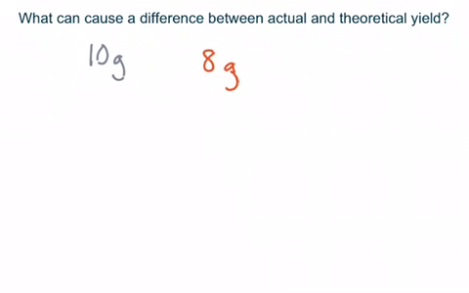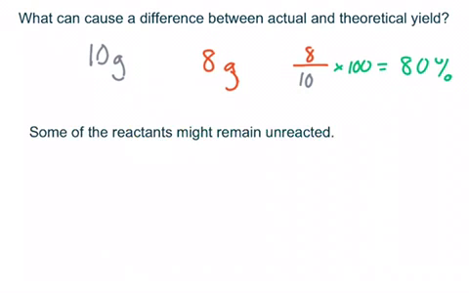If we were to compare those two, an actual yield of 8 over a theoretical yield of 10, multiplied by 100, would get us a percent yield of about 80%. So we may say, well, what happened?